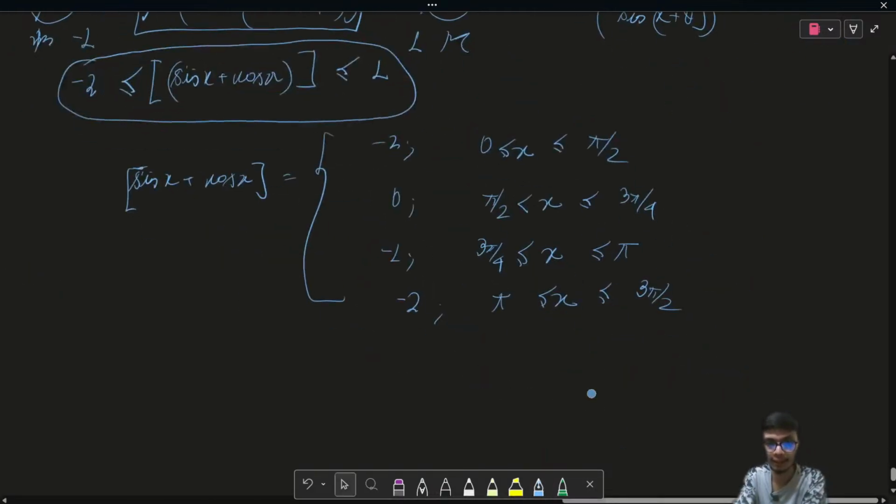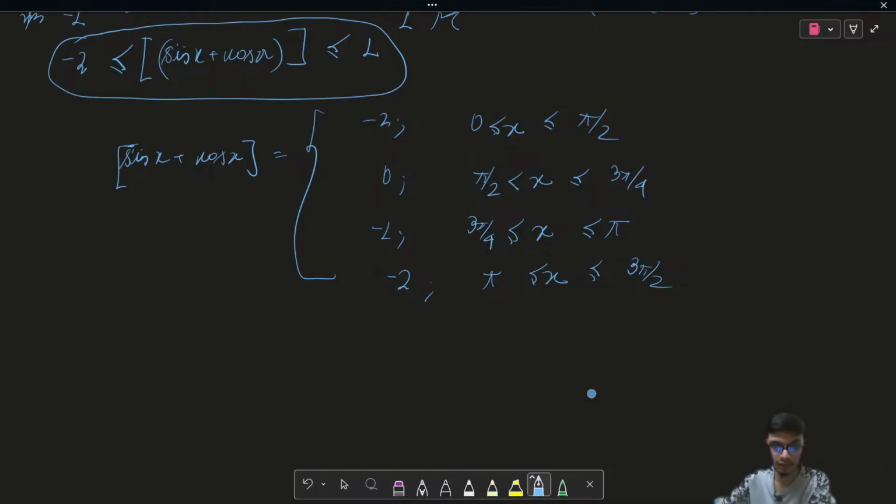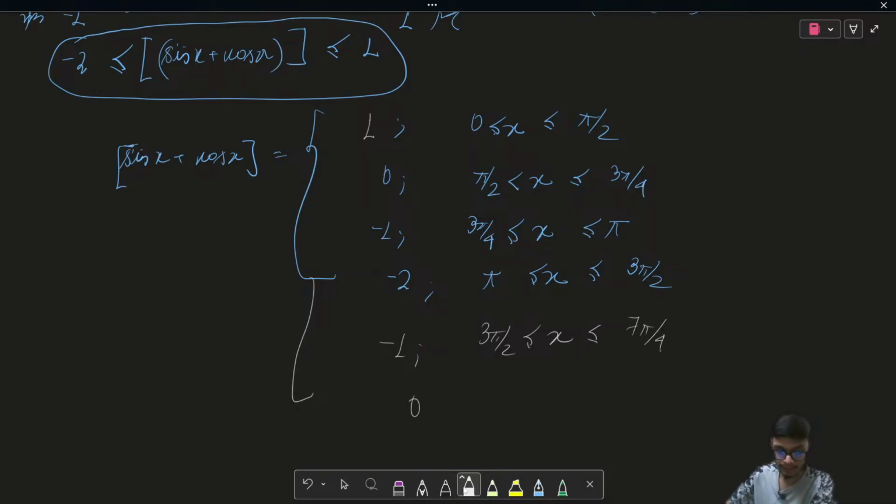Okay. Similarly, sorry, this should be 1. Okay, very sorry. Sin x plus cos x is 1 in this interval, right? Similarly, the remaining will be minus 1 when x is lying between 3 pi by 2 to 7 pi by 4, right? And it will be 0 when x is lying between 7 pi by 4 to 2 pi, right?